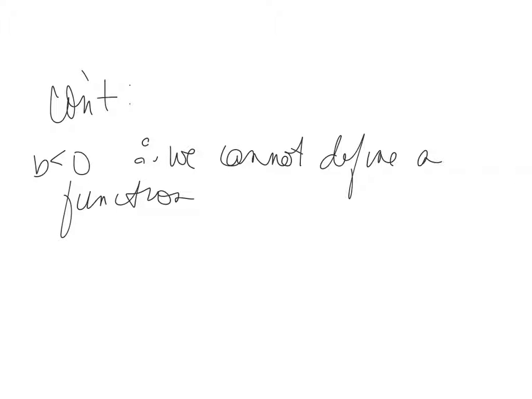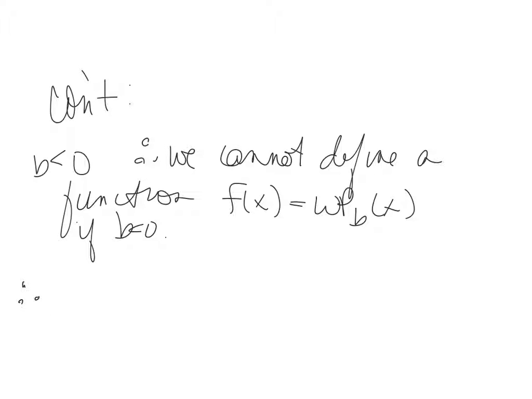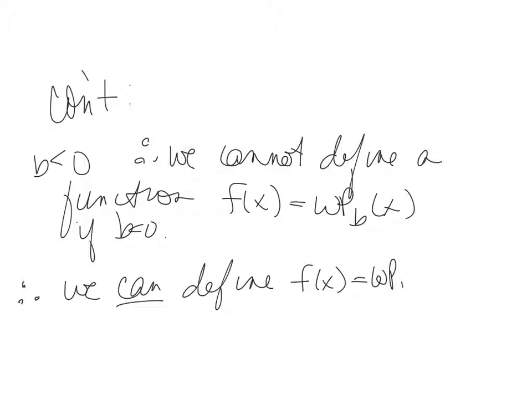We can't define a function f of x equals what power base b of x if b is less than 0. But what's cool about that is, therefore, we can define the function f of x equals what power base b of x if b is greater than 0, right? And b is not equal to 1. So that's what we're looking for, okay?